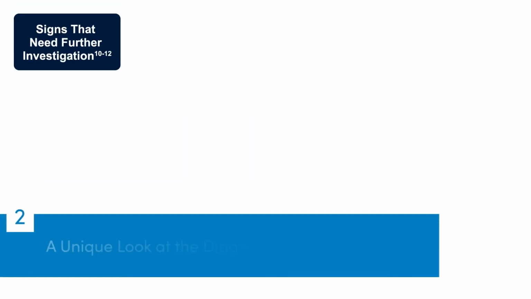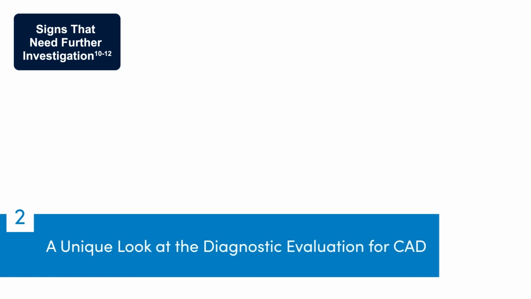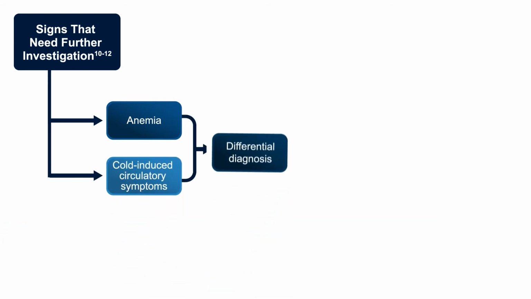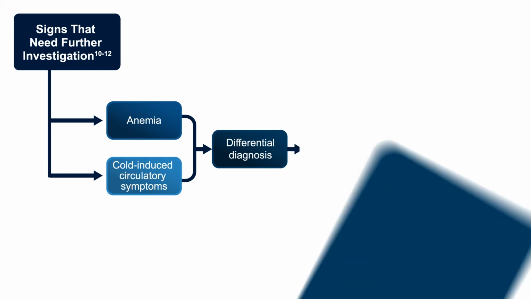So, what are some signs that need further investigation, right? Well, anemia and cold-induced circulatory symptoms should raise our suspicion. It should make us put cold agglutinin disease in our differential diagnosis. What are some of those signs or symptoms?